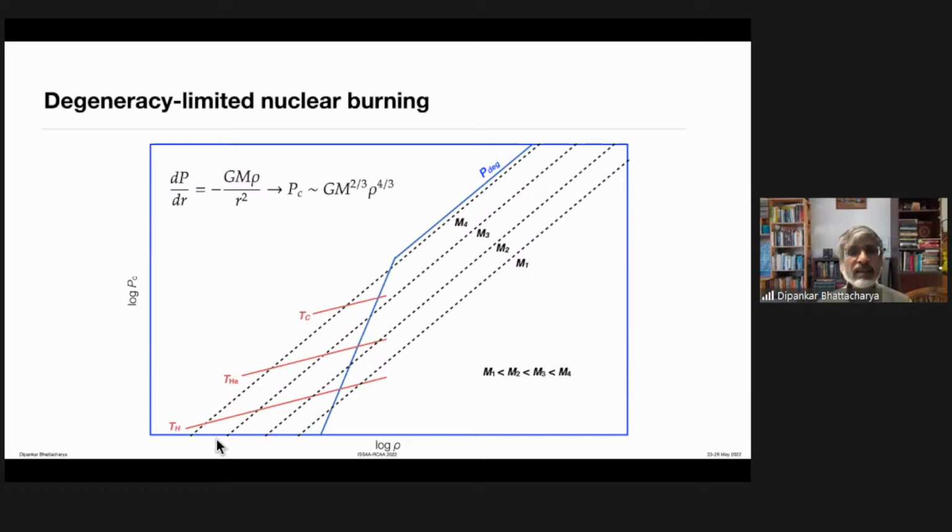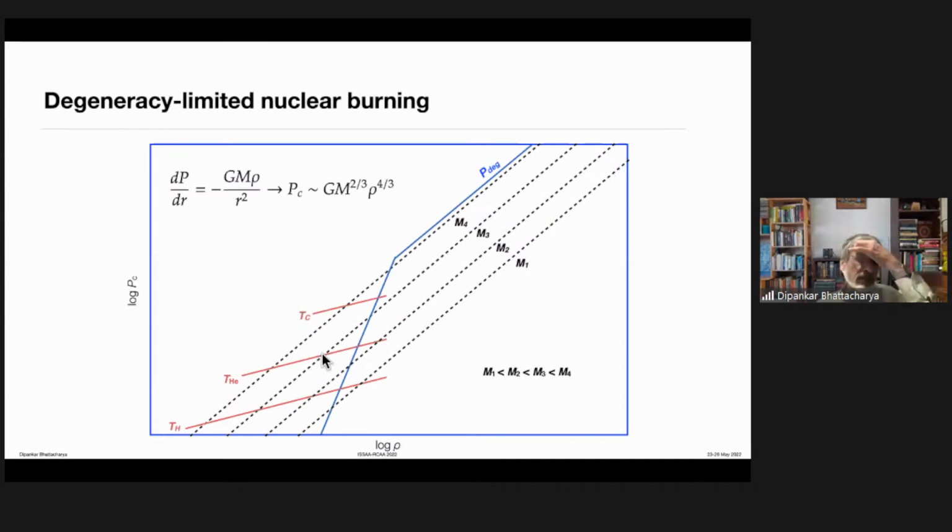On the other hand, if the original core was a little more massive, then it will go through hydrogen burning. After the main sequence, it will proceed this way. It will ignite helium and it will stay stable as long as helium is burning in the core. So that is going to be the helium main sequence.